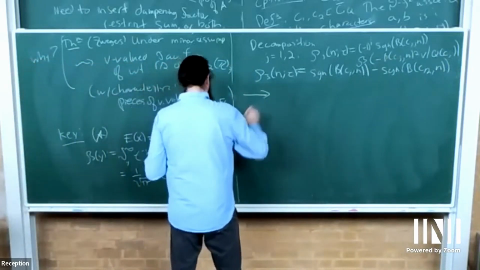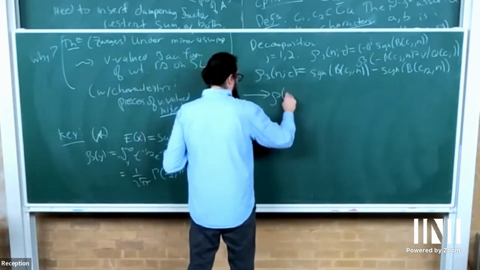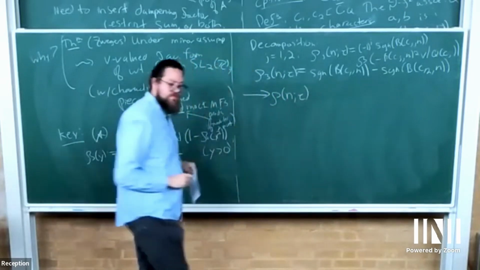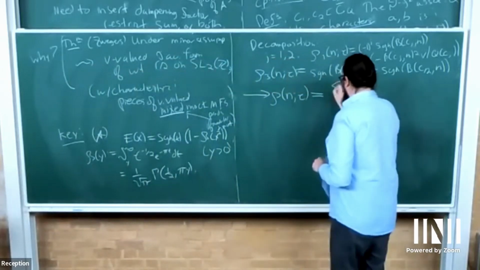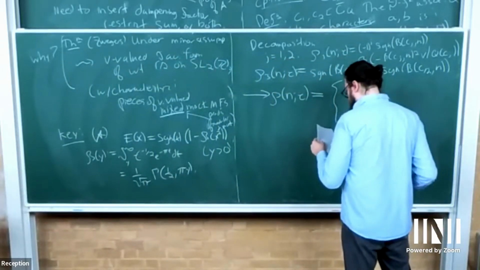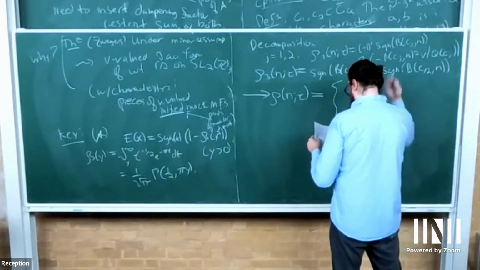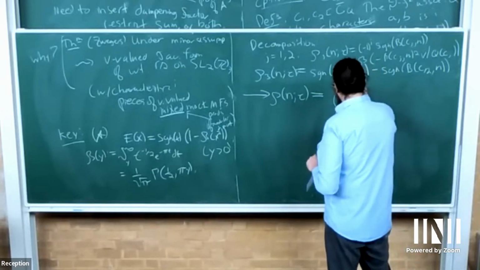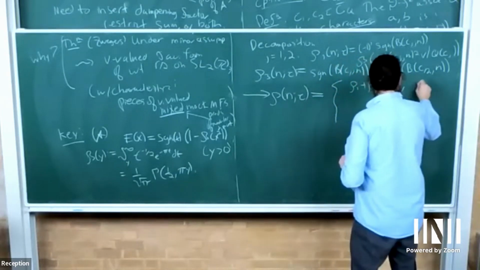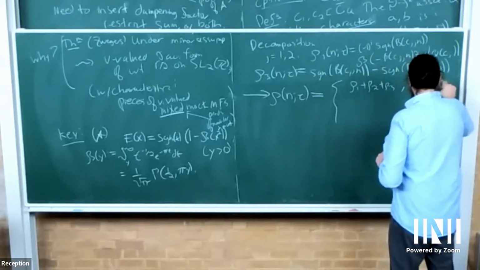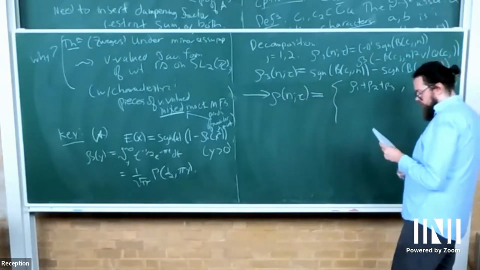Okay, so here's the decomposition. I'm not going to prove this, but you could do it with explicit computation. Rho of n, tau, the thing you insert to define the completed Mock modular form, is rho 1 plus rho 2 plus rho 3 if both c1 and c2 are in CQ.